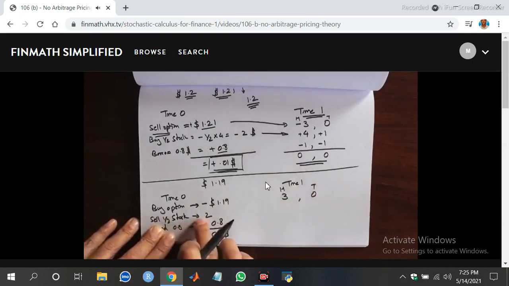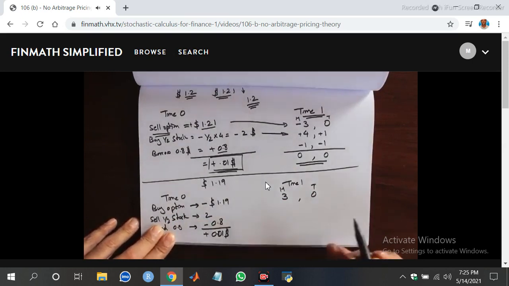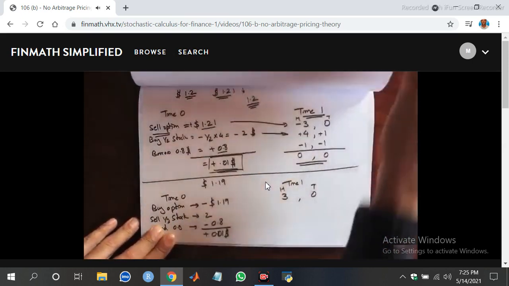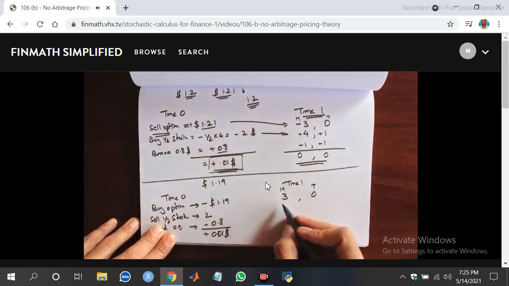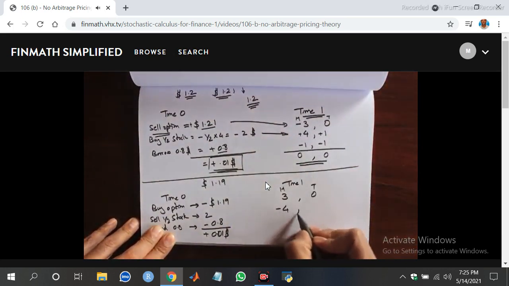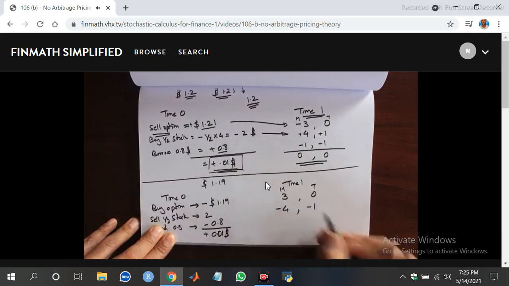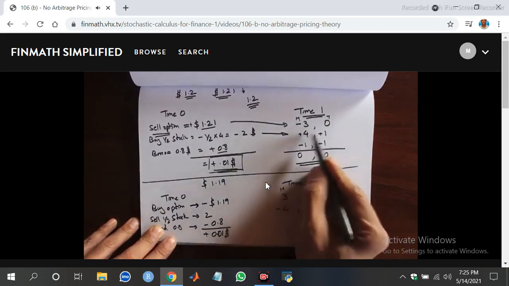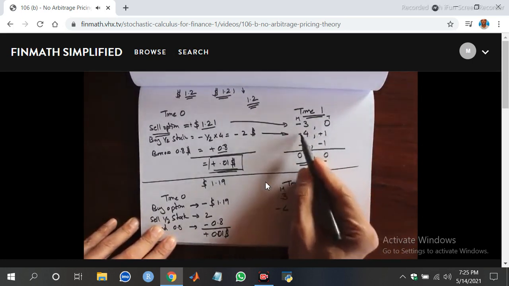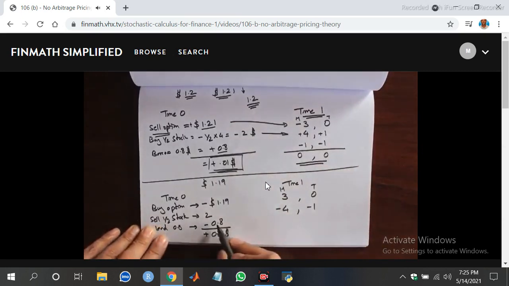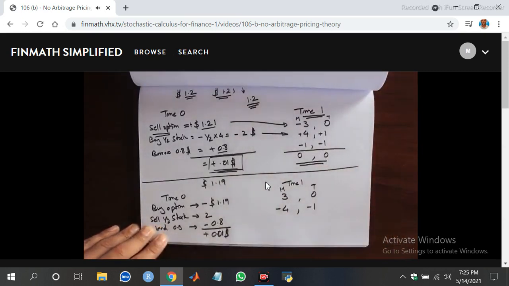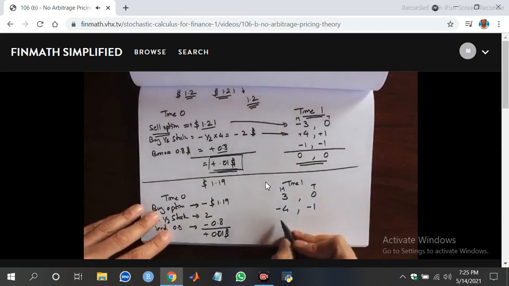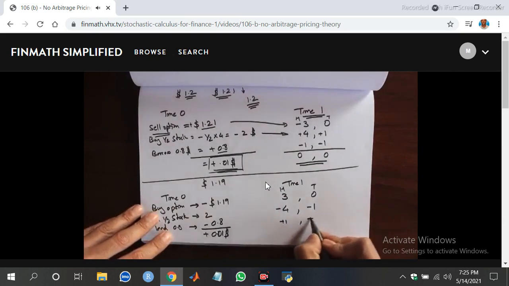Because we short sold half the stock, we need to now cover it. At time 1, we need to either pay $4 to cover, or we need to pay $1 to cover, because half the stock will be just the negative of this. And when we lend money, we will get $1 back from the bank. So this is positive 1, positive 1.